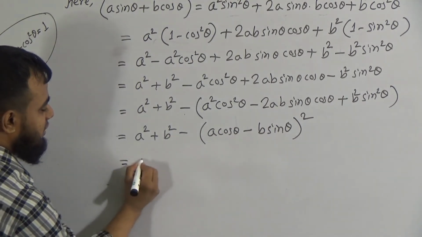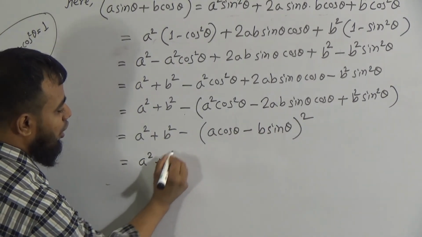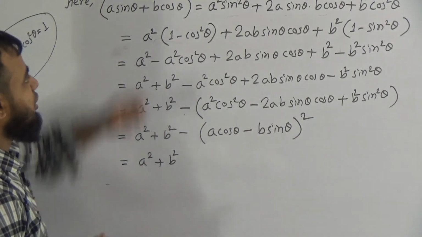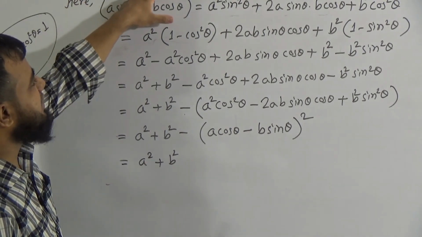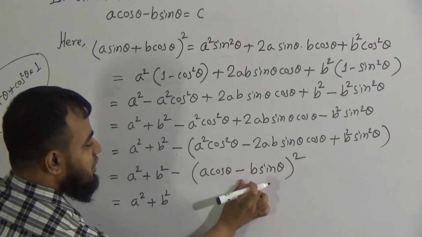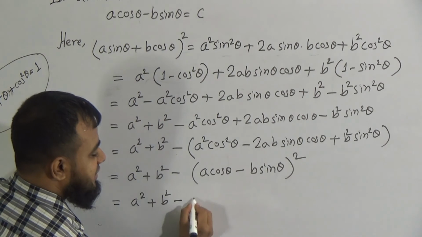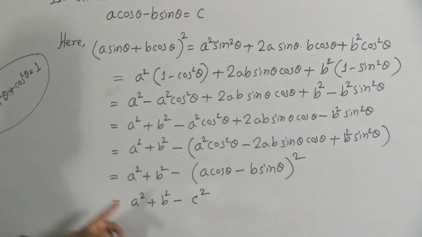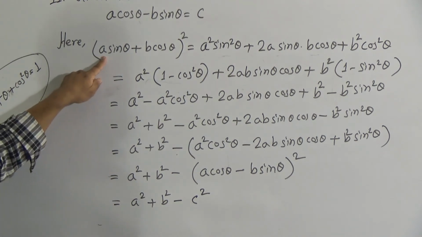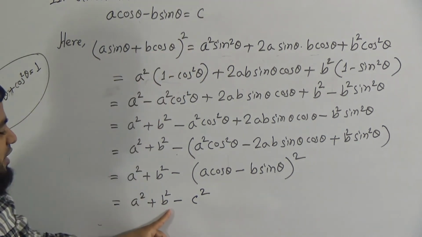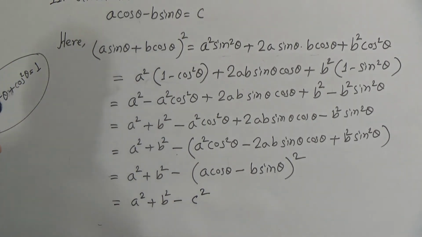Now my dear students, our given value of a cos theta minus b sin theta equals c is given. So this value is c, and squared, it will be c square. Now we have to find the value of (a sin theta plus b cos theta) whole square, which is a square plus b square minus c square. Write it down.